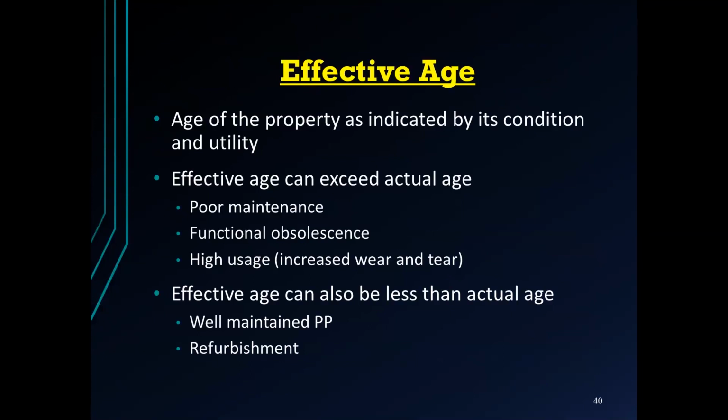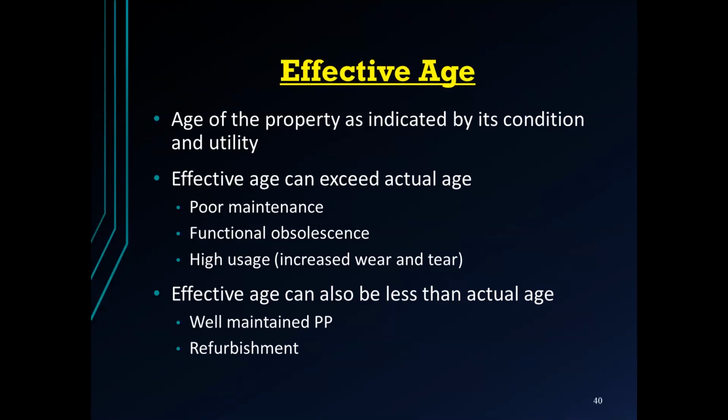Okay, effective age. Effective age is the age of the property as indicated by its condition and utility. That's the textbook definition. But basically, the effective age is how old is the property in relation to comparable properties. And so the effective age can exceed the actual age.